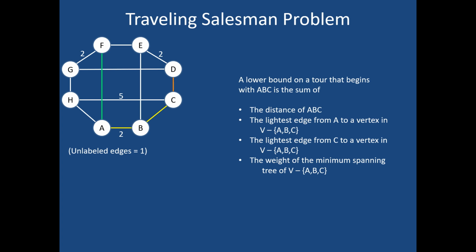Just get the weight of the minimum spanning tree. Well, the weight of the minimum spanning tree will tell you the cheapest way to hook those 5 vertices up. But it may hook them up into some sort of tree that can't be incorporated into a Hamiltonian cycle.